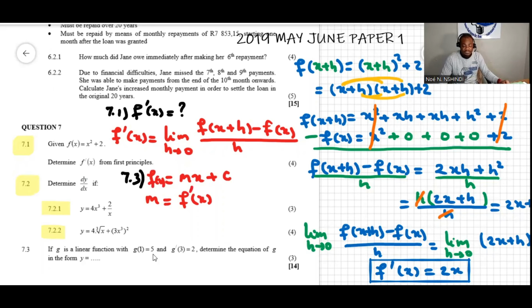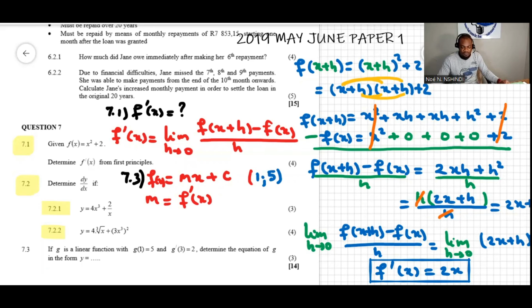Now here it is said that g of 1 equal 5, and it is also said that the derivative of g at the point x equal to 3 equal to 2. Now, what does it mean? If g of 1 equal to 5, it means that the point (1, 5) lies on this straight line.